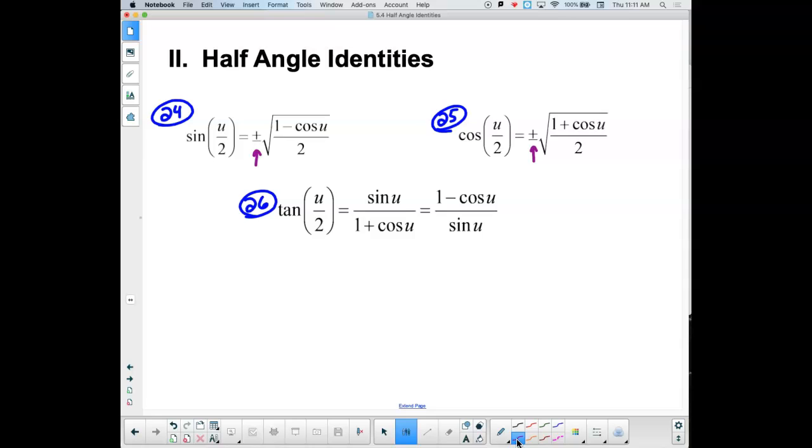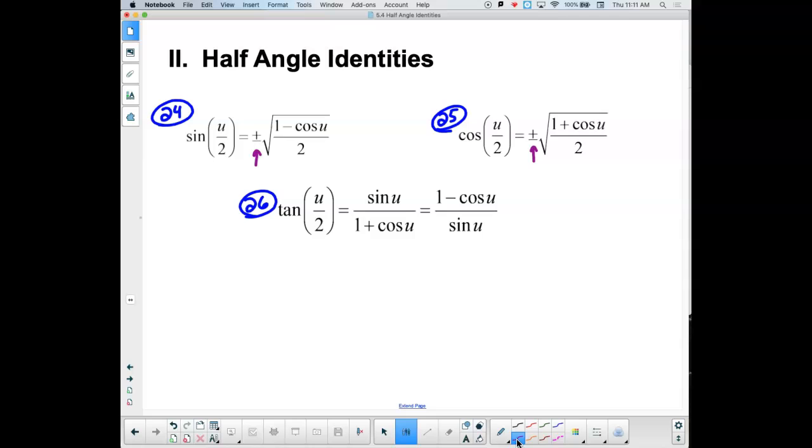But the cosine of 105 is negative because I'm in quadrant number 2. So when I go to utilize my cosine formula, I would have a negative sign in front of my square root, because cosine is negative in quadrant 2.